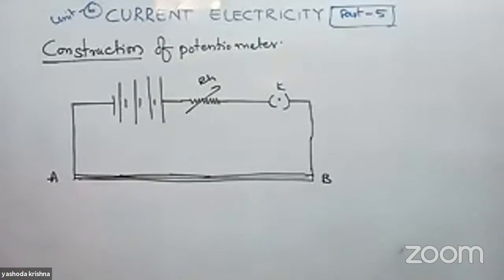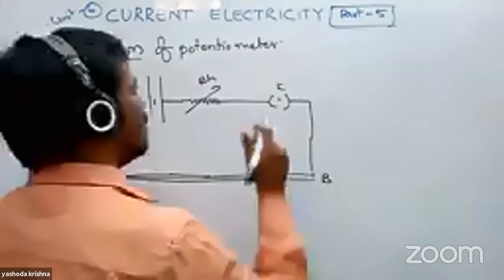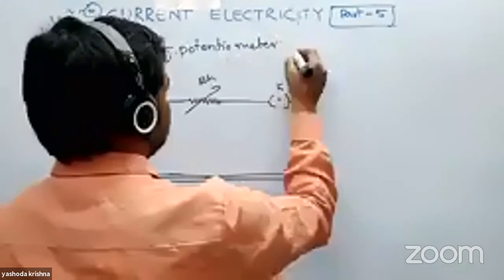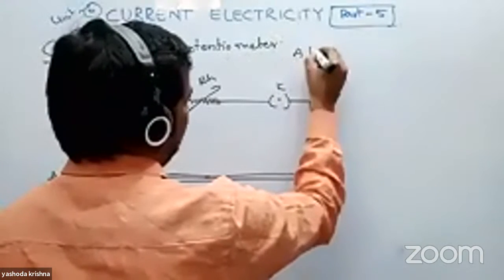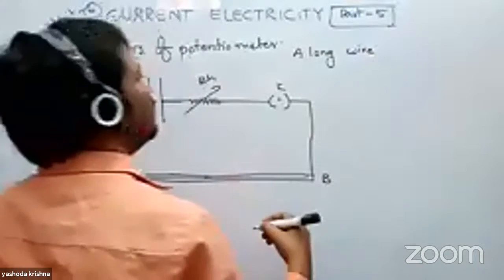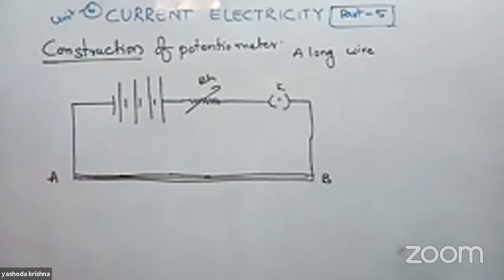What is the long wire? This is a long wire, about 4 meters to 10 meters, of uniform cross section area.